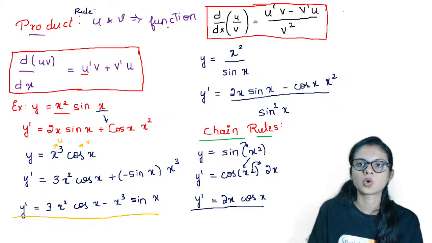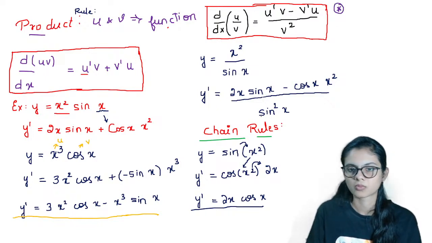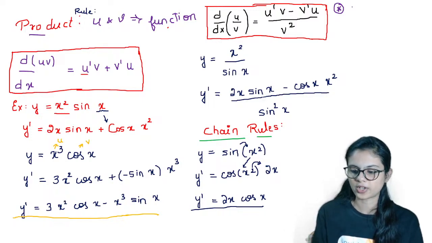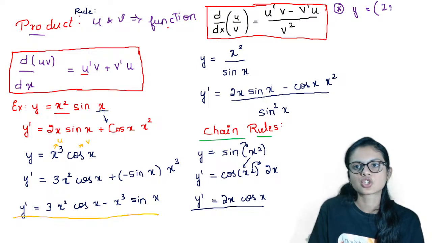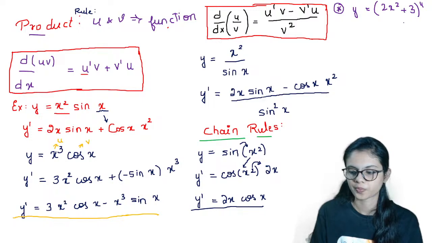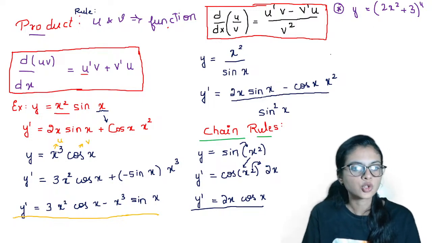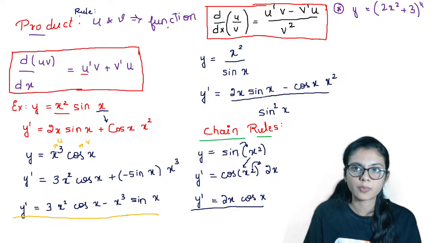Let's consider one more question based on chain rule. Let's consider the question to be y is equal to 2x square plus 3 whole power 4. Clear? Now how to solve this? Listen, this is important.